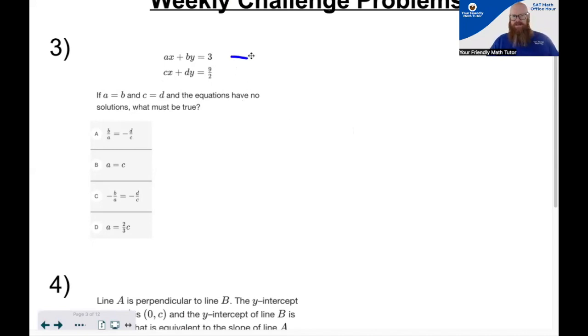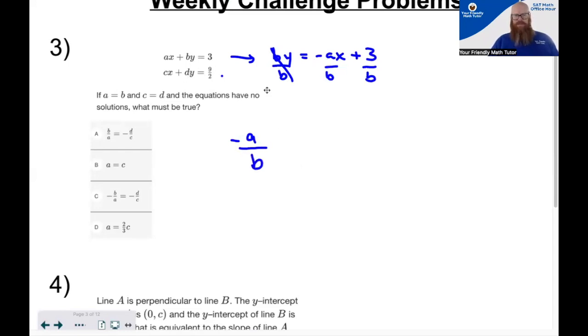And realizing, so for this one, to find the slope, I want to get y by itself. So by is negative ax plus 3, divide by b. And the only thing I really care about from this is the negative a over b. That's the slope.